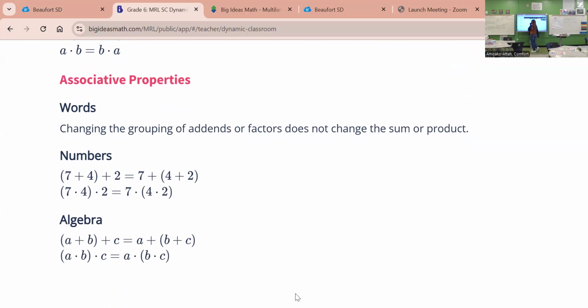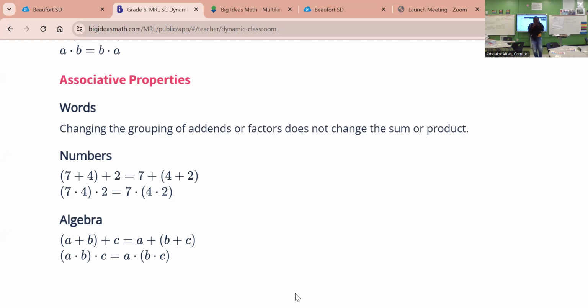So 7 plus 4 plus 2, grouping as we have 7 plus 4 in parentheses, now we have 4 plus 2 in the parentheses, you should arrive at the same answer because for the first expression, 7 plus 4 is 11, plus 2 is 13. The second expression, 4 plus 2 is 6, plus 7 is 13. So regrouping them should also give the same answer.